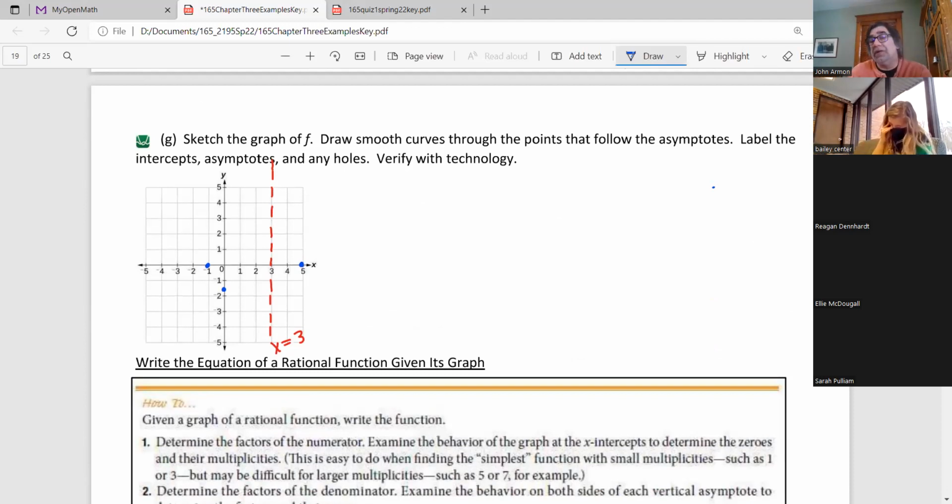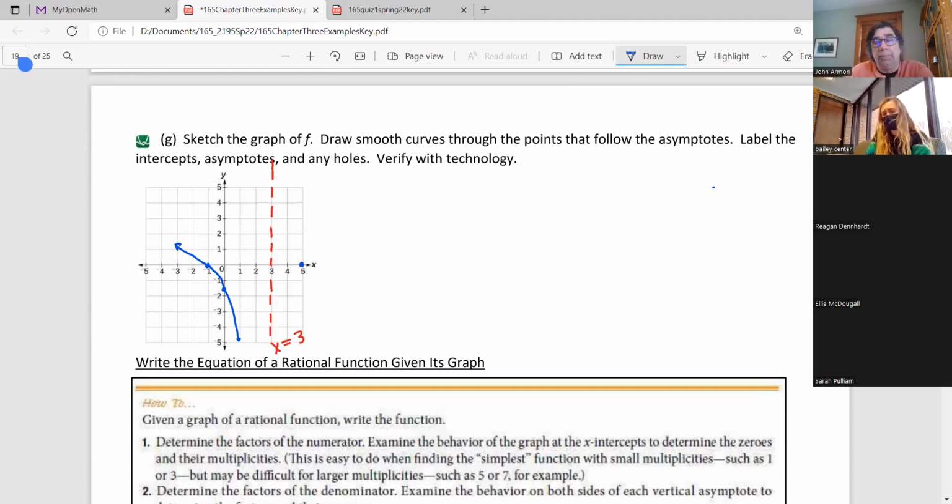Okay, so since there's no horizontal asymptote, we just have to figure out how the function is approaching the vertical asymptote. So I think it's pretty clear this one is going to go down and this one's going to go up. And remember, it's not approaching anything. So you're just getting a really quick sketch here. I would just kind of draw it like this, and don't have it approach anything, just go up.